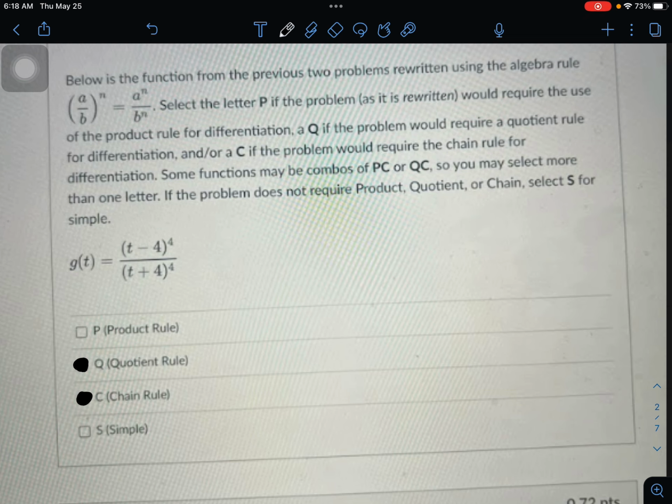I'm also going to be using simple, but it's not one of our combinations. It says some functions may be combos of PC and QC, but those are the only two combos you can do, QC and PC. So yeah, I'm going to be using simple in the process of doing it, but we don't have to show that because that's not one of the combinations I can pick. So that is the answer on that one: quotient and chain.